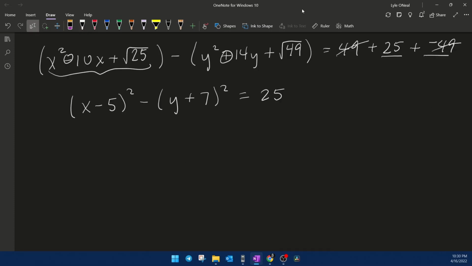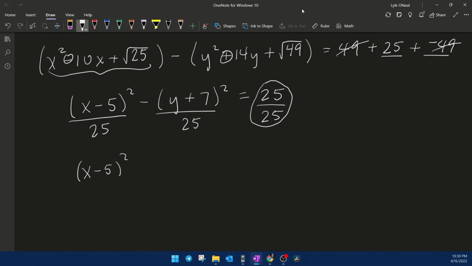And the next step to get to standard form is we need to divide everybody by 25 because this number over here needs to be 1. So dividing by 25, that's going to give us x minus 5 quantity squared over 25 minus y plus 7 quantity squared over 25 equal to 1.